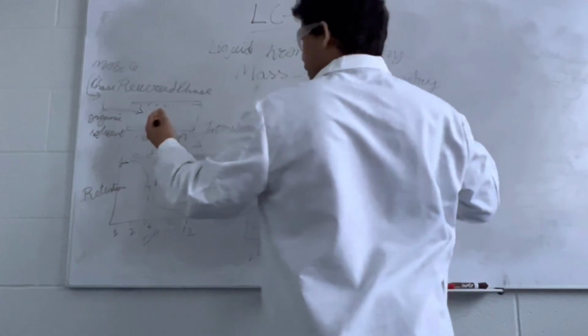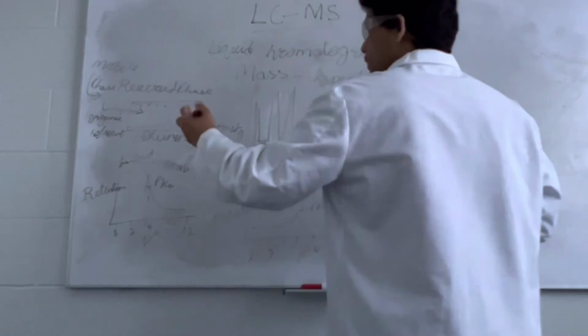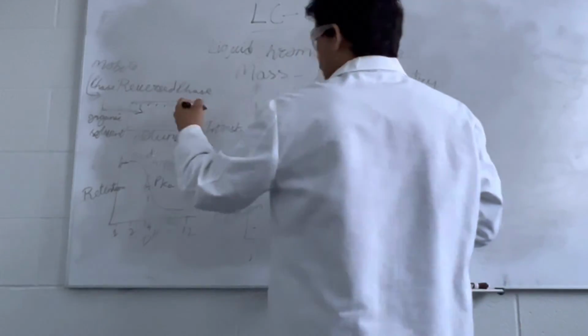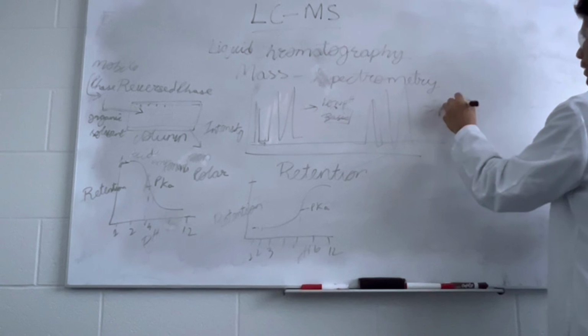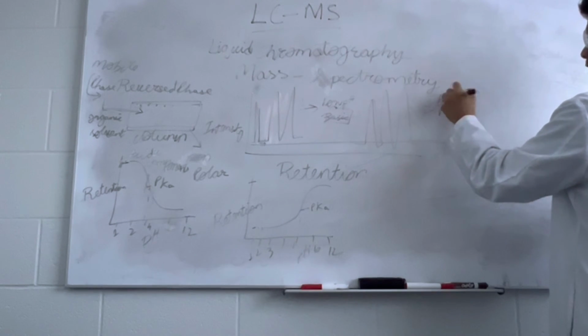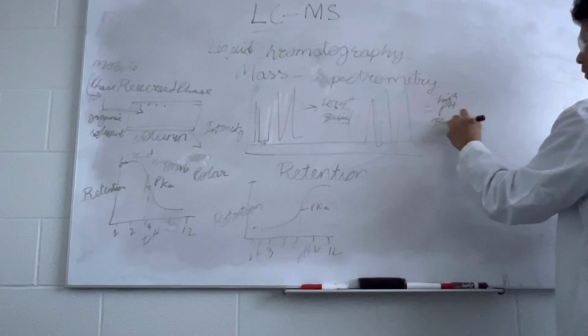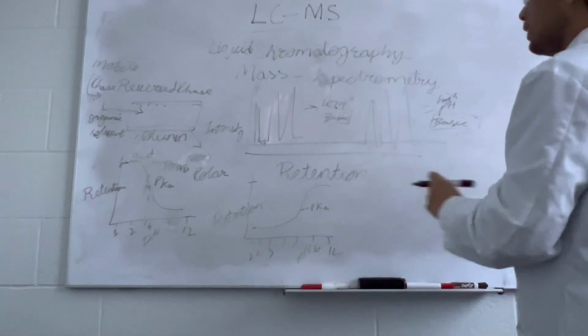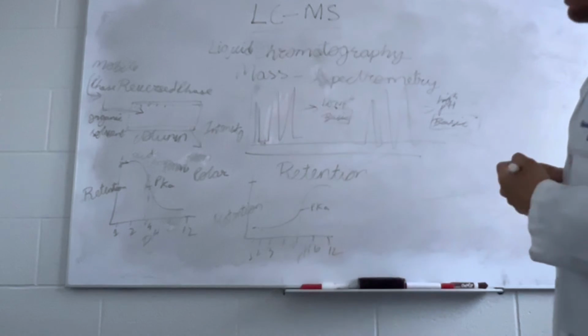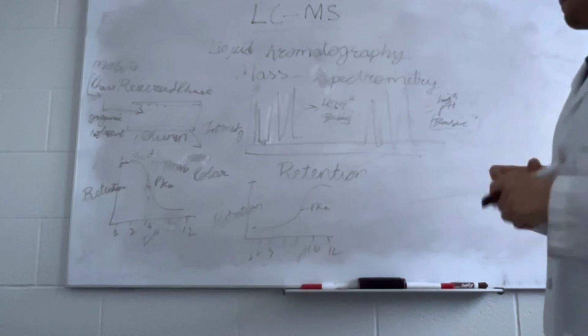In that case they will stick to the column and elute later. So this we can see at high pH in the case of basic compounds, and it is completely reversed when the samples are acidic.